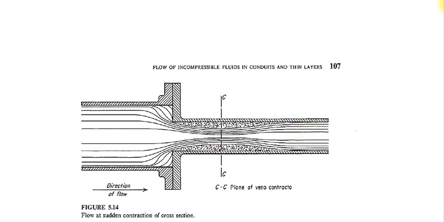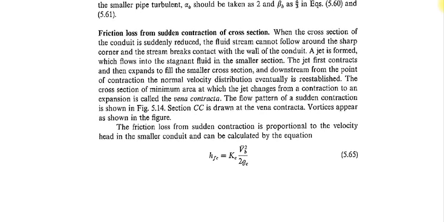That can be calculated by this formula, where hfc is the loss of energy due to the sudden contraction, equal to Kc Vb square by 2gc. Here again gc is not gravity, it is the coefficient which comes in the British unit.